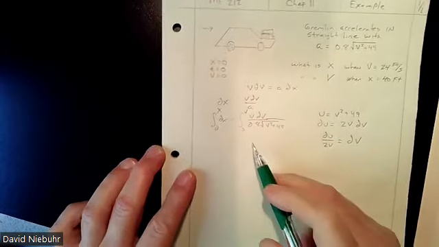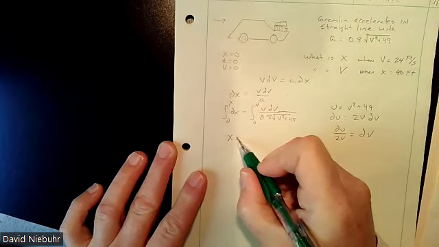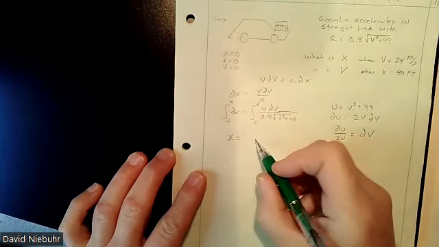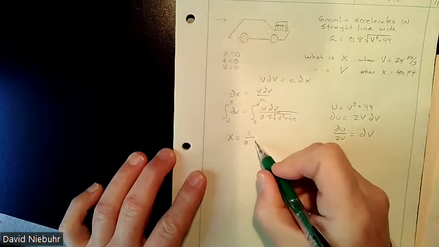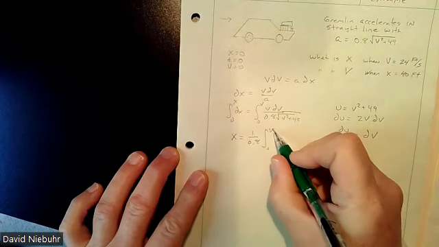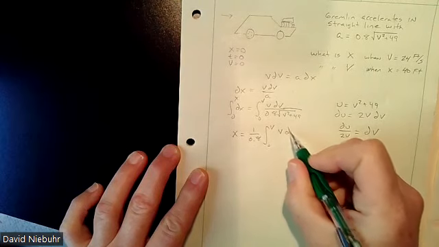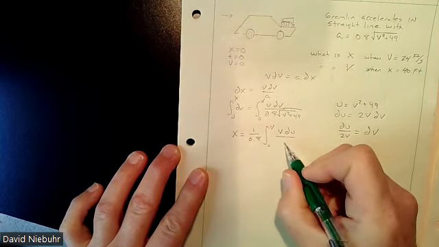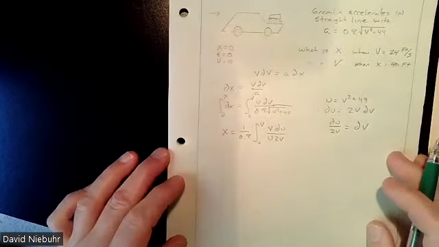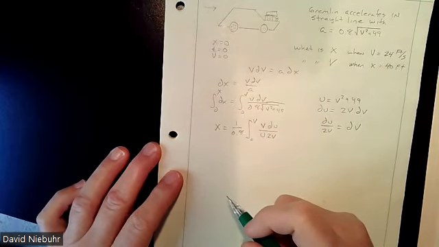Going back in, x equals, pulling the 0.8 out, 1 over 0.8, from 0 to v, of v du over u to the 1/2. You've seen this before in your calculus class, but I thought I'd go through this one.